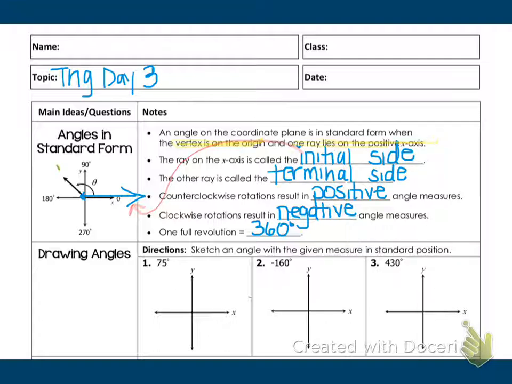In this case, this one was rotated theta degrees. We don't know exactly what theta is here. It's obviously somewhere between 90 and 180, and it is rotated in the counterclockwise direction. That side is called the terminal side.